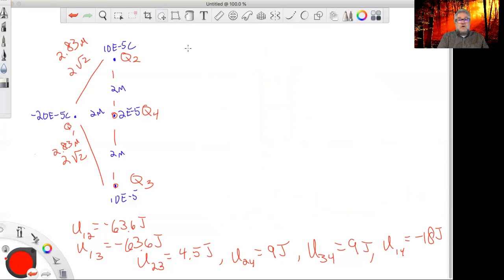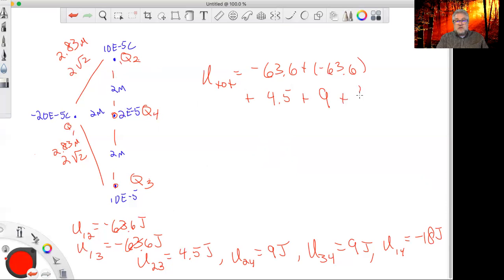So now the total potential energy of this thing is going to be the sum of all of these. Negative 63.6 plus a negative 63.6. I got that one and that one. Plus 4.5, that's these two. Plus a 9, that's these two. Plus another 9, that's these two. Minus an 18, that's those two.